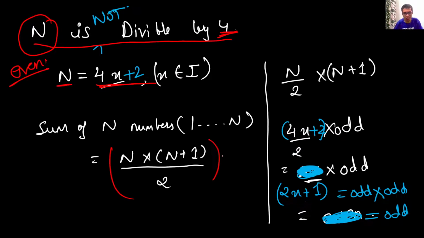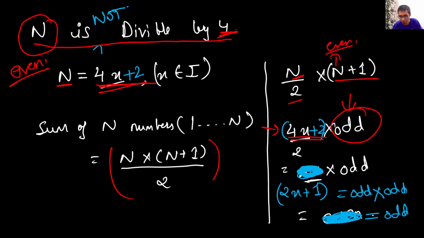So the sum of n natural numbers is n by 2 into n plus 1. N is even, it is given in the question, so n plus 1 is always going to be odd. We can replace n by 4x plus 2 over here. 4x plus 2 divided by 2 is going to be 2x plus 1. Now this 2x is 2 into some integer, so it is even, and even plus 1 is always odd.